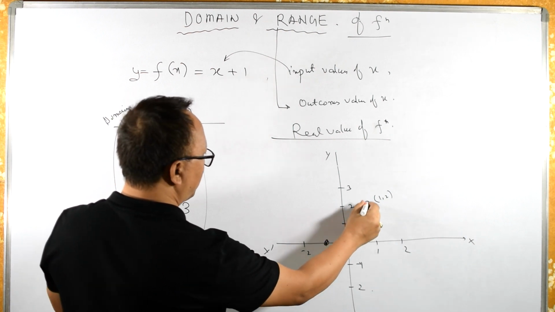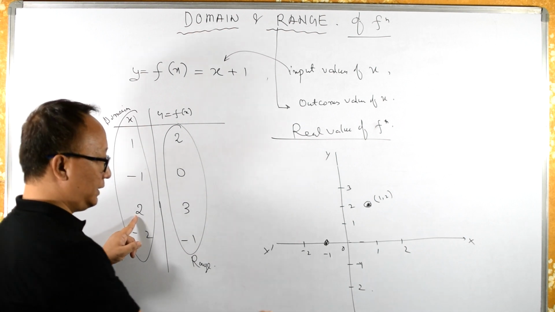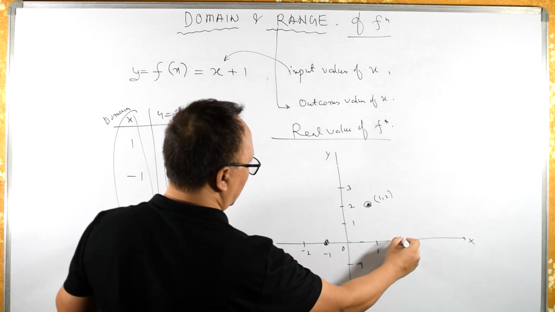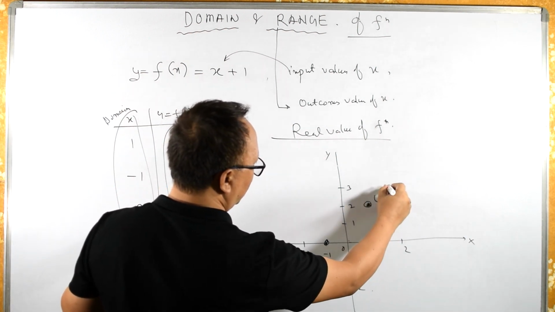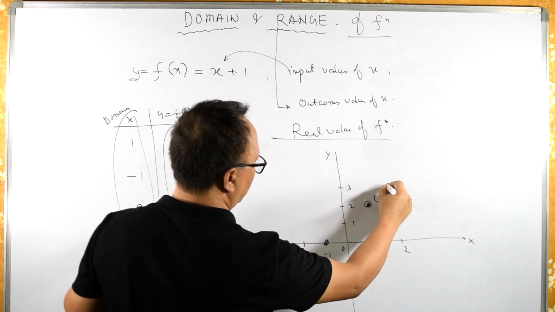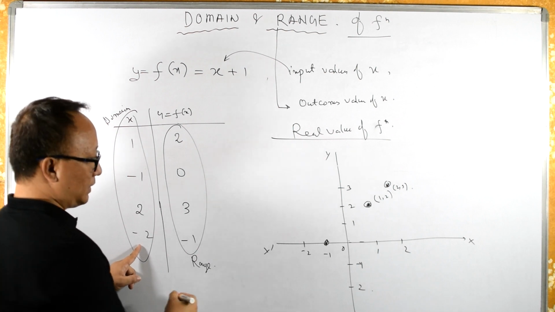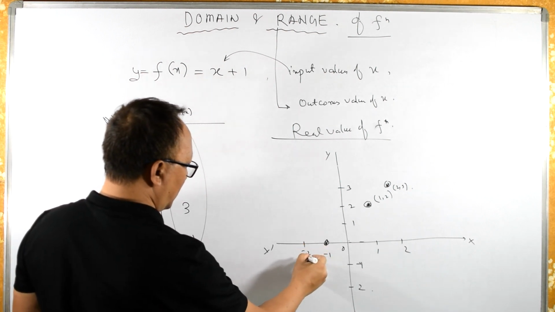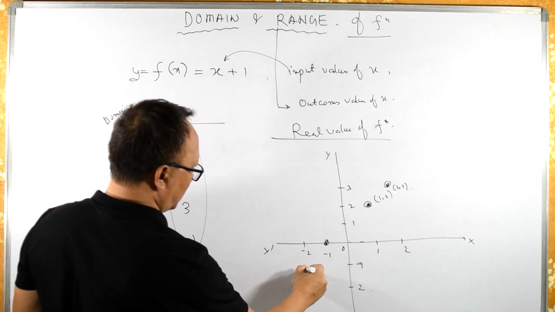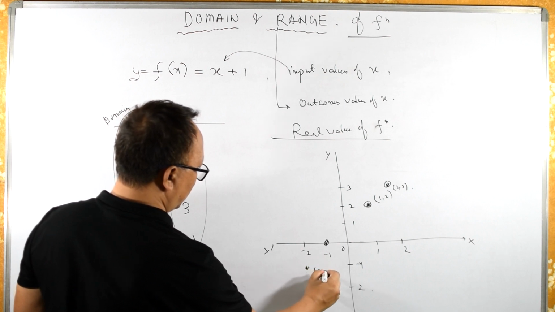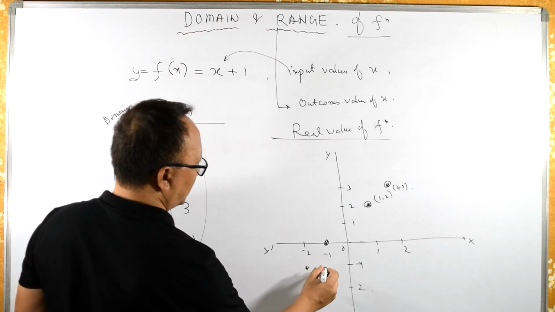This is a point. And here 2 comma 3. Okay. So this is 2 comma 3, and minus 2 comma minus 1. Here it goes minus 2 and goes here minus 1.